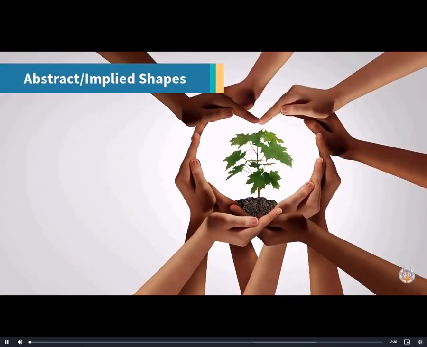Next, abstract shapes, often called implied shapes. The definition is that these shapes represent a theme available in nature, but do not appear perfectly like a representative.